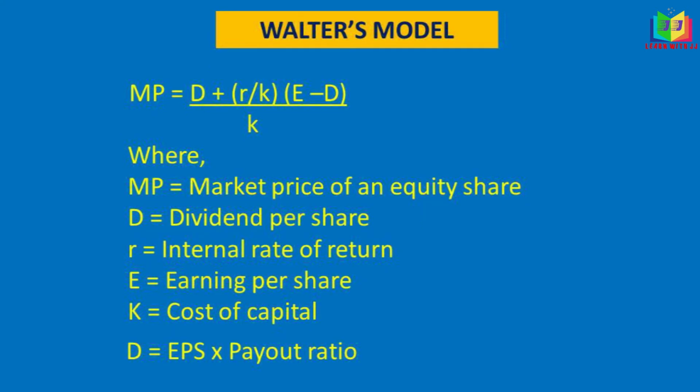The dividend will not normally be given in the problem, so we have to find the dividend per share. For that the formula is EPS into payout ratio. The EPS, that is earnings per share, will be given in the problem, and that should be multiplied by the payout ratio. Payout ratio is the dividend payout ratio.